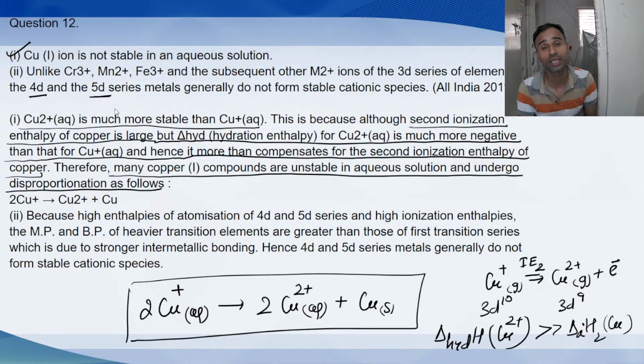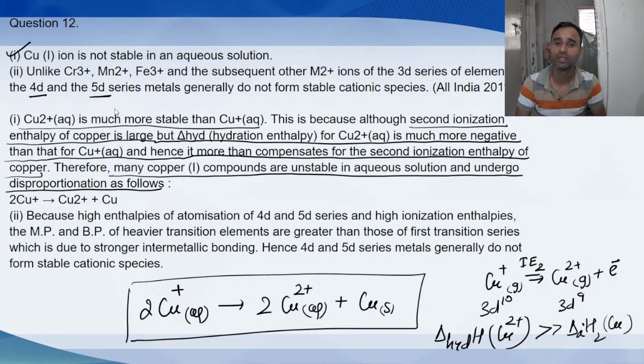And at the same time, as we go down the group, due to the participation of F block elements which have poor shielding, their size decreases, or is almost the same as that of the 3D series. That's why their ionization enthalpy is very high, because nuclear charge is increasing but size is not increasing as expected.